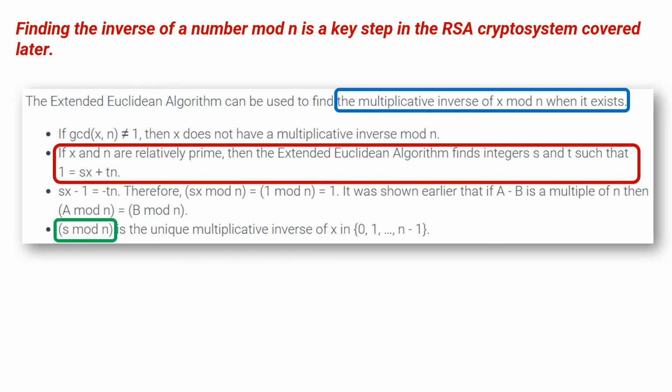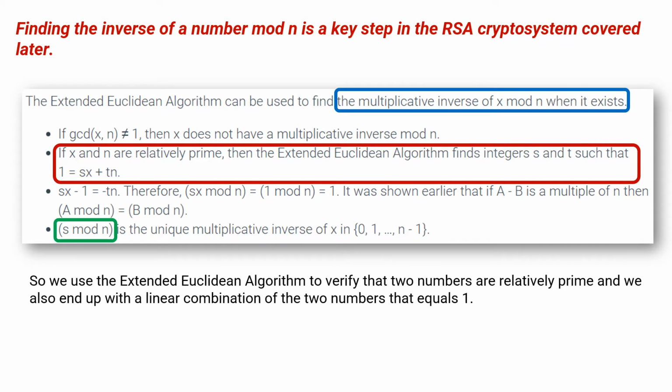So s mod n is the bottom line. As long as we can go through the extended Euclidean algorithm, find the linear combination, then find s mod n, that's our multiplicative inverse. So we're just going to do what we've done before, use the extended Euclidean algorithm. First of all, verify that the two numbers are relatively prime by finding that the GCD is 1.